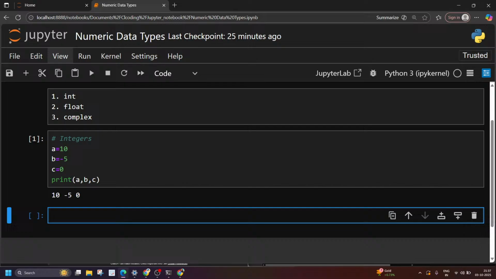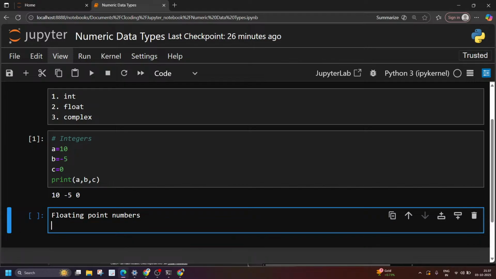Now secondly, let's understand floating point numbers, which is float. Floating point numbers are basically numbers with decimal points, and these can be represented in scientific notation also.